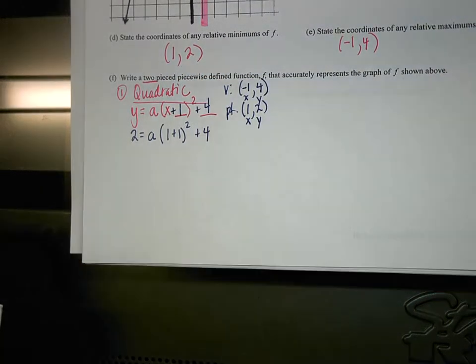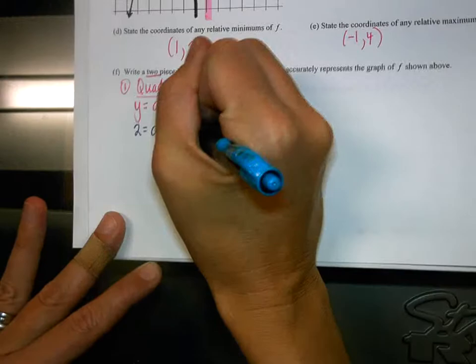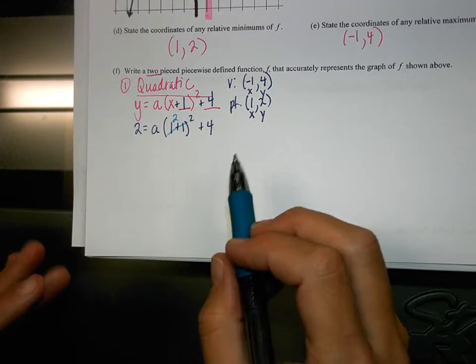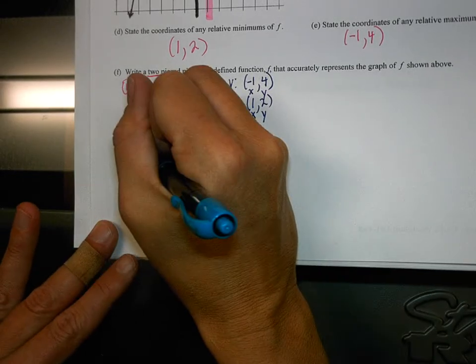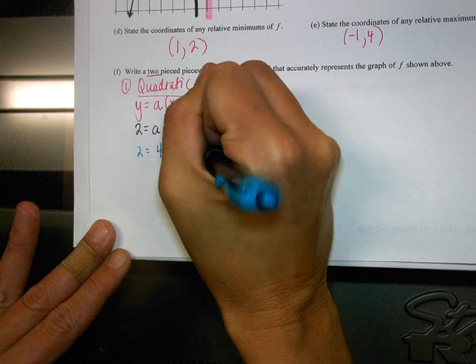Okay, then we're going to simplify. 1 plus 1 makes what? 2. Get the order of operations. And then 2 squared is what? 4. So when I write this, it's 2 equals 4a plus 4.